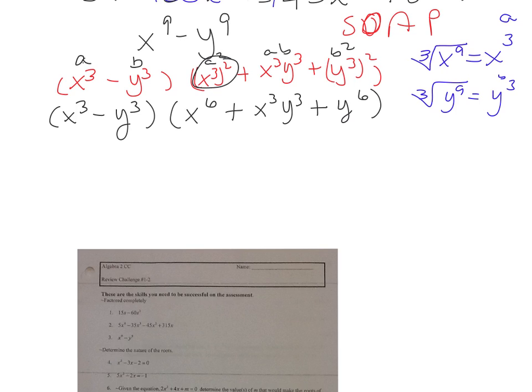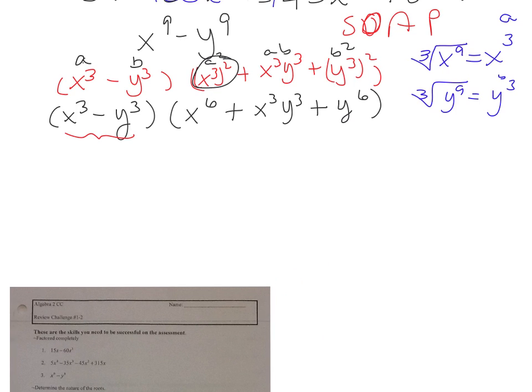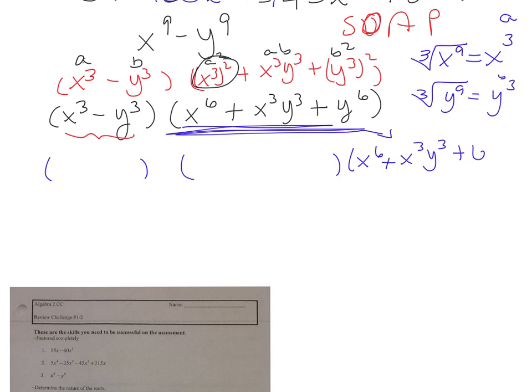Alright, and then I notice that in here, again, I have the difference of perfect cubes, so I have to factor that. So we have small, big, and then this one here, I'm going to bring down over here. So that's going to be x to the sixth plus x to the third y to the third plus y to the sixth power. Alright, so now we're going to need same, opposite, always positive.